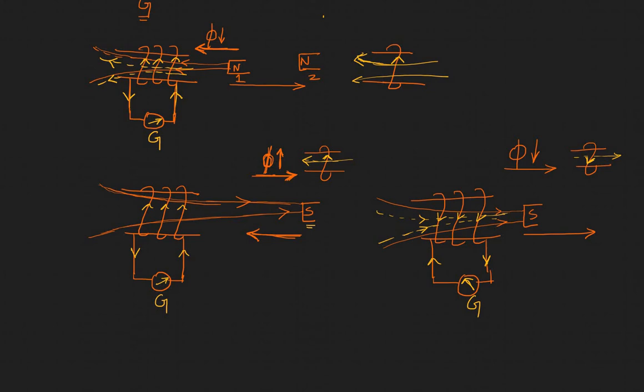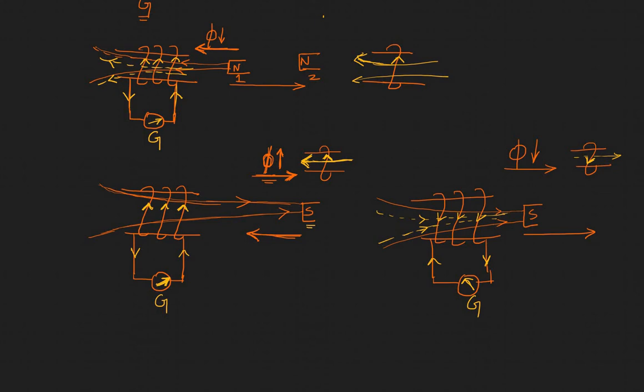The coil does not like the change, which is increasing magnetic flux in this direction. So it would like to oppose that buildup of the flux by producing flux opposing that change, and for that it needs to produce current in this way, and that's what you see here. The current is in this direction, and so the galvanometer would show the deflection towards the right.